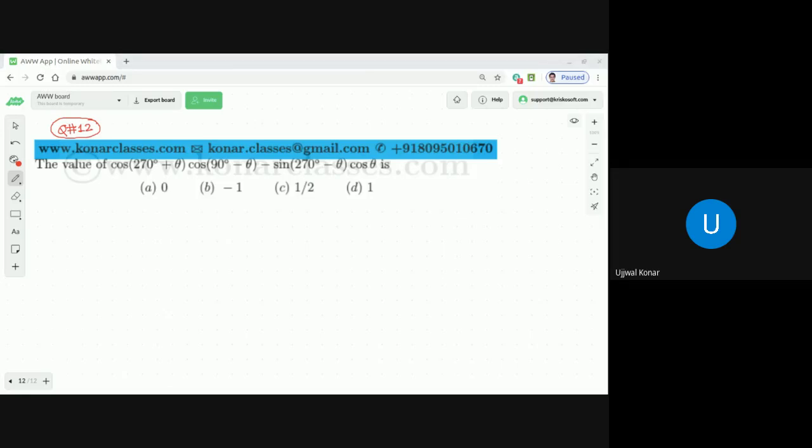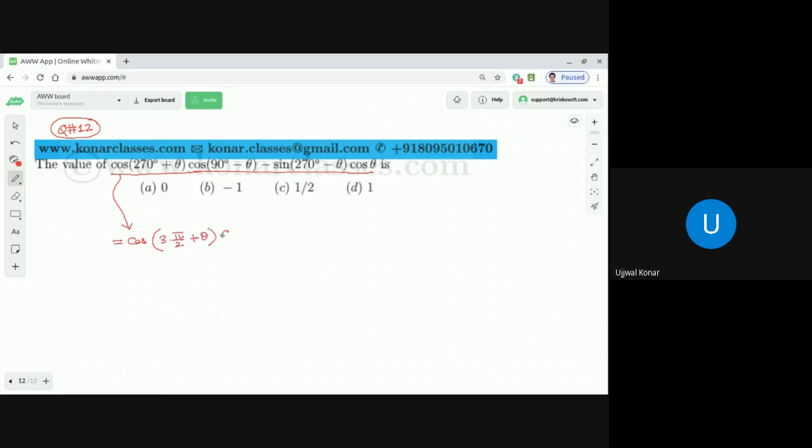So this is also based on the fundamentals, dear students. How can we write the entire expression down? This is equal to cos of 270 degree, that means 3 into pi by 2 plus theta.